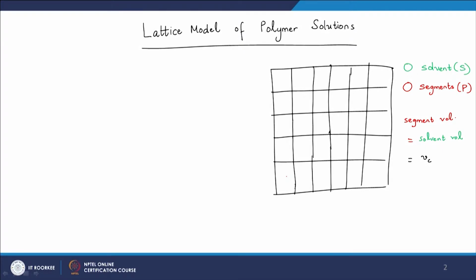So, now within that model, we can imagine that we have polymer chains. I am just drawing a line to indicate that these segments are connected, and we have done this kind of model in the context of random walk on a lattice. And of course, the remaining positions are occupied by solvent molecules.